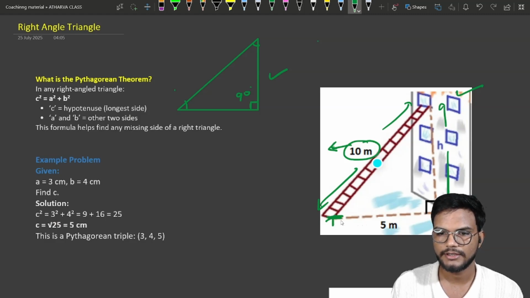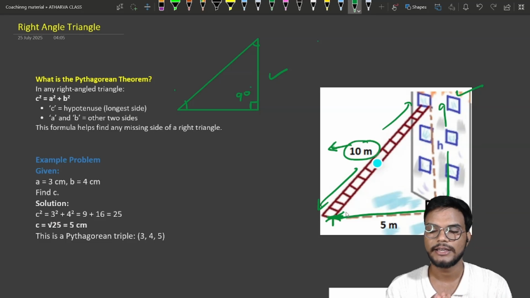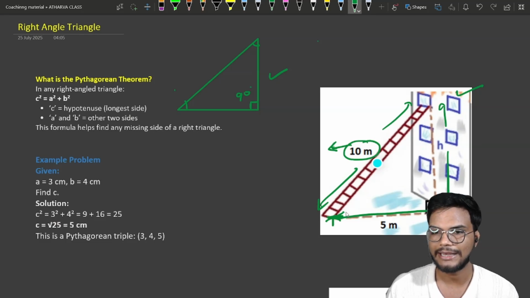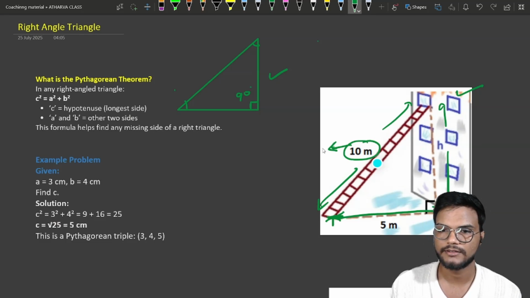Let's say there is a minimum requirement of distance from the base so that it stays balanced, otherwise it will tilt and there will be a big problem. So we take a distance of 5 meters between the wall and the base.